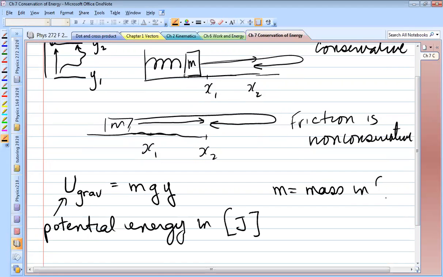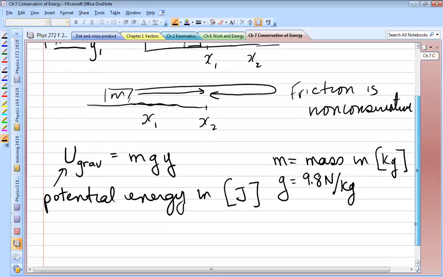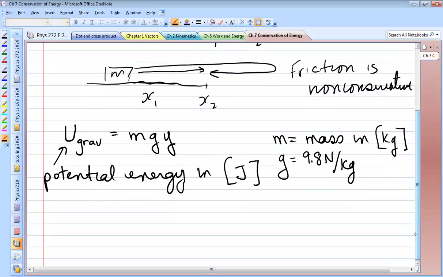So obviously it depends how much mass something has as you're moving it around. You're going to do a lot more work if it's heavy. G is not an acceleration, it is the strength of the gravitational field. It's 9.8 newtons per kilogram, always a positive number. That is not the acceleration due to free fall. That is the strength of the gravitational field.